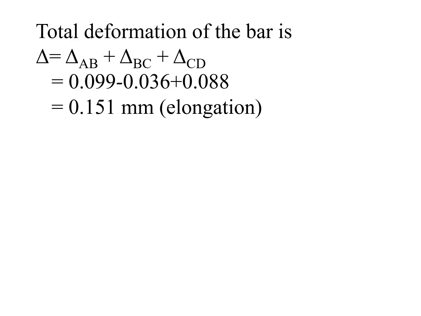So substitute all the values: delta AB is positive 0.099, delta BC is negative 0.036, and delta CD is positive 0.088. Substituting these values, we get the total deformation as 0.151 mm, which is positive.